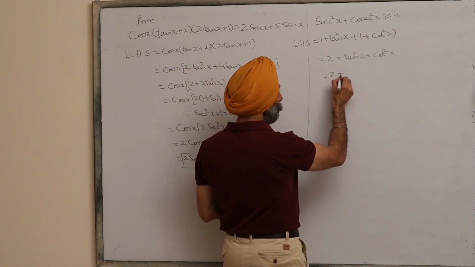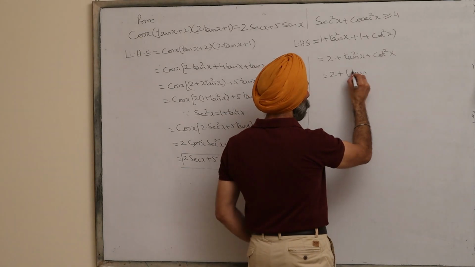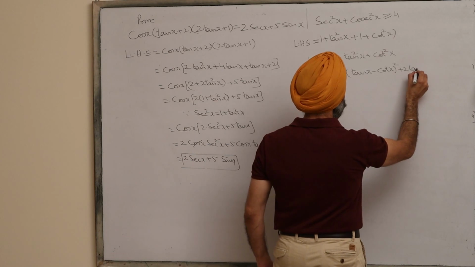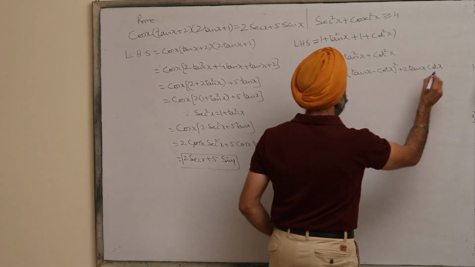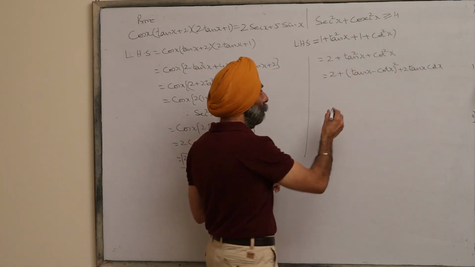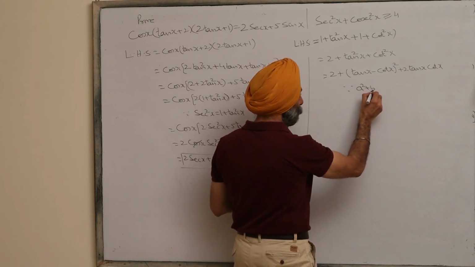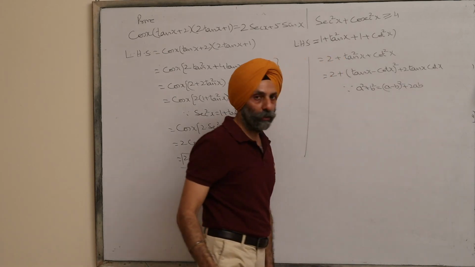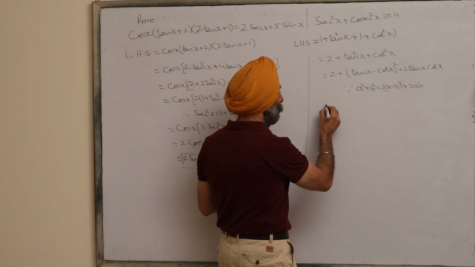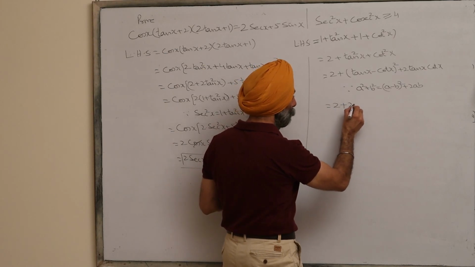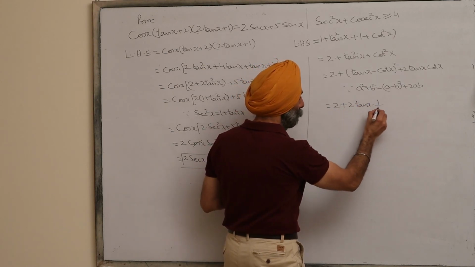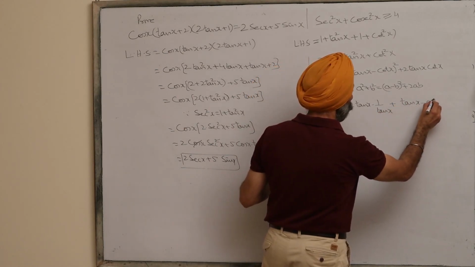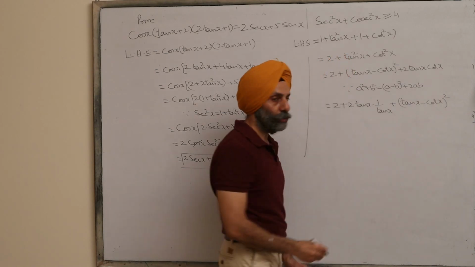Now can this be written as 2 plus tan x minus cot x whole square plus 2 times tan x into cot x, because a square plus b square can be written as a minus b whole square plus 2 times ab. So can this be written as 2 plus 2 times tan x cot x as 1 over tan x plus tan x minus cot x whole square.